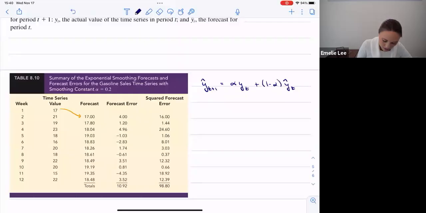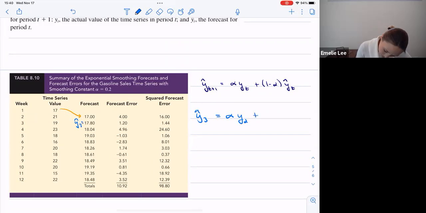Right, and so here, this value would be y hat 3. So then y hat 3 is alpha times y2, right? Because it's the previous observed value, plus 1 minus alpha times y hat 2.